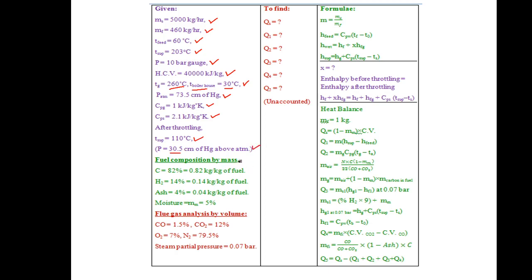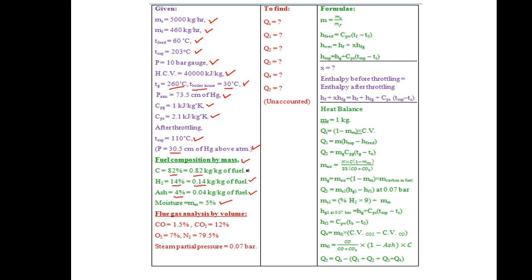Then composition of fuel by mass is also given. So 82% is carbon, that means 0.82 kg per kg of fuel. If we burn 1 kg of fuel, it contains only 0.82 kg of carbon, and 14% hydrogen, means 0.14 kg per kg of fuel is hydrogen, and ash contained in the fuel is 4%, means 0.04 kg of ash is present in 1 kg of fuel, and then mass of moisture is 5%.